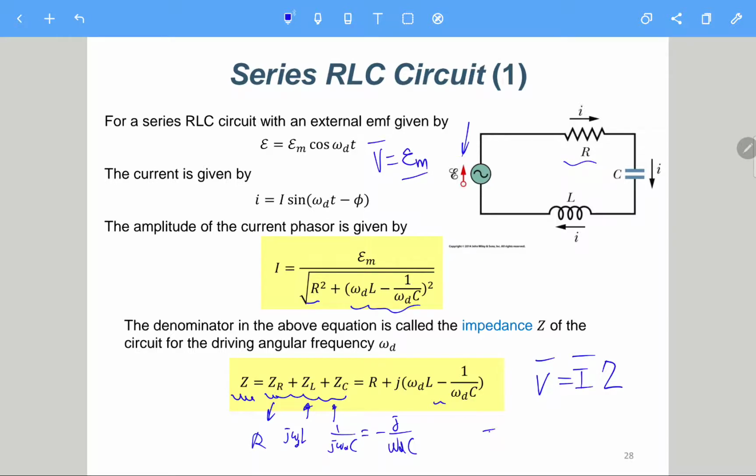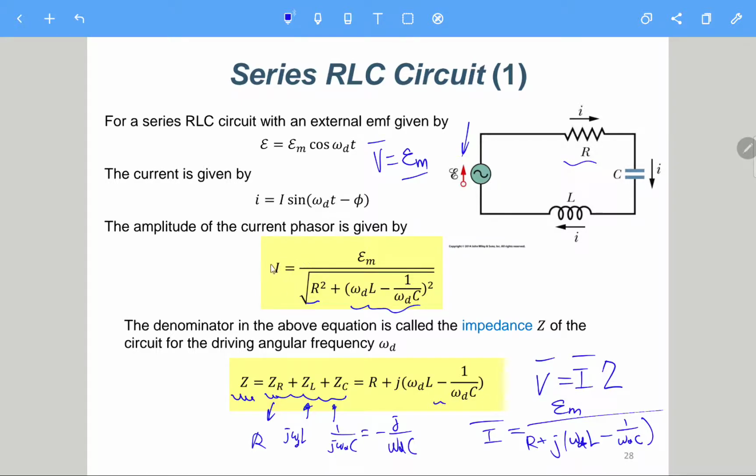So in this case, the phasor I should be V over Z, which is EM over R plus j times omega L minus 1 over omega C, something like this.